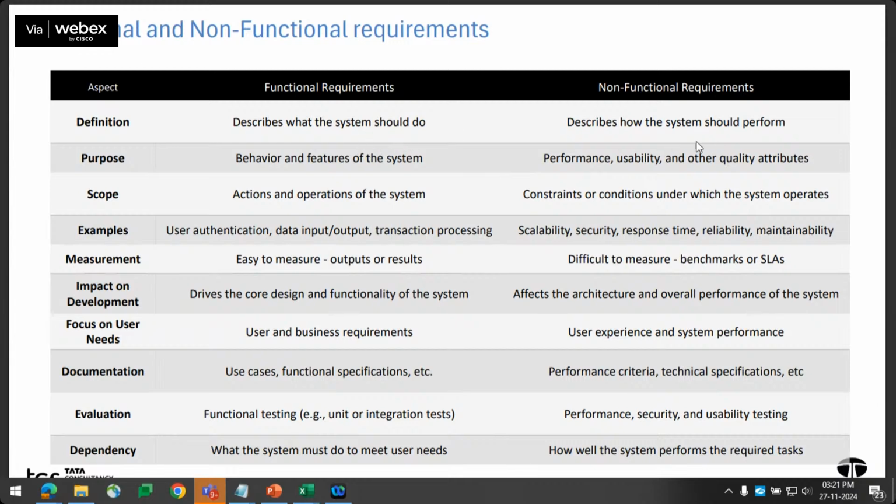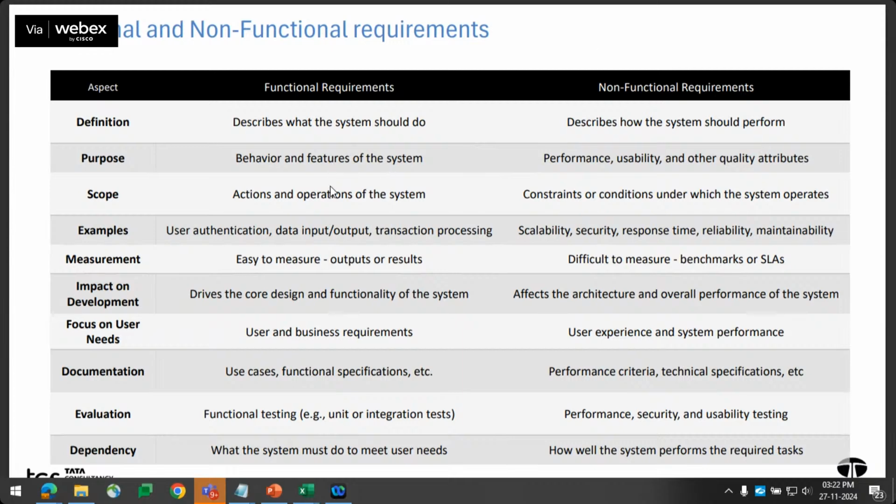But the non-functional just says how it should do it, whether it is secure, and whether it is able to perform at the required response time. So those are all the things which we look at.